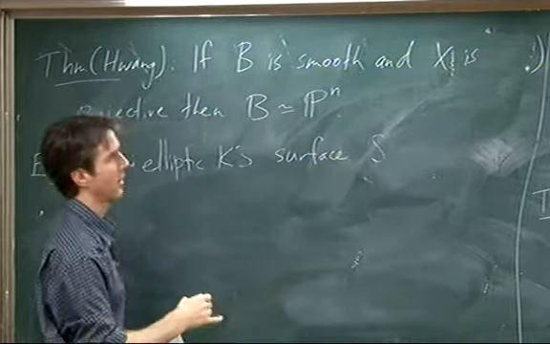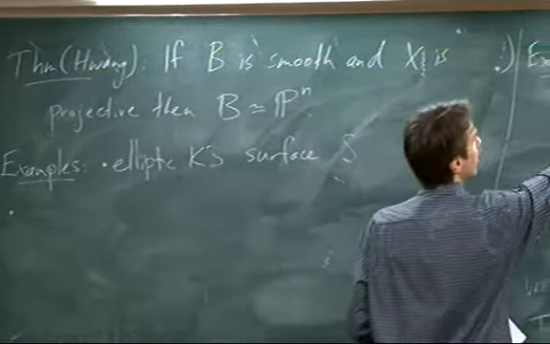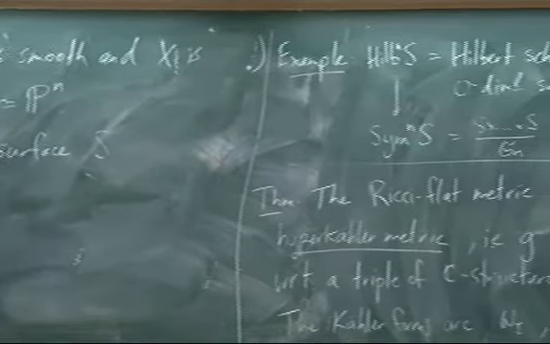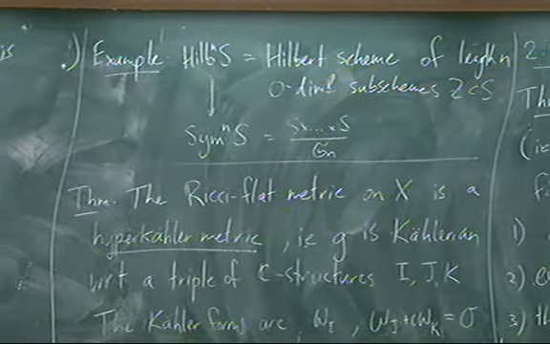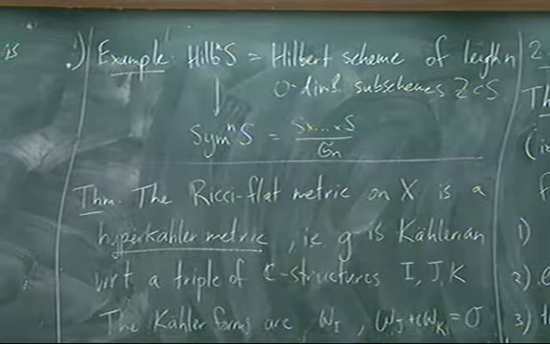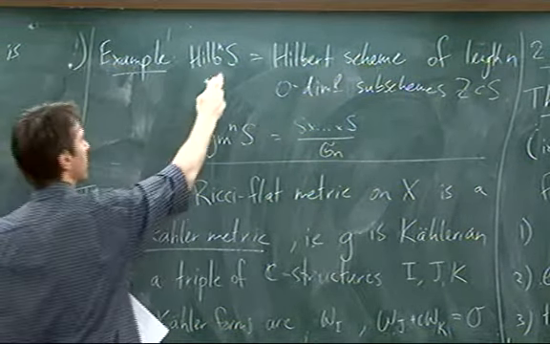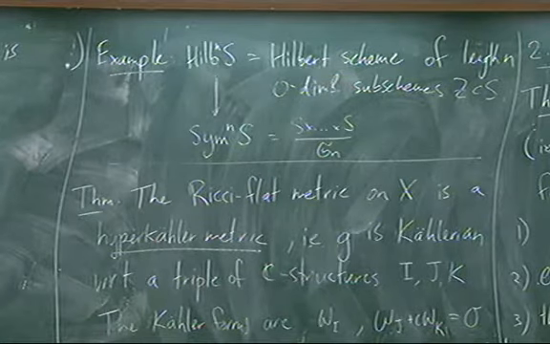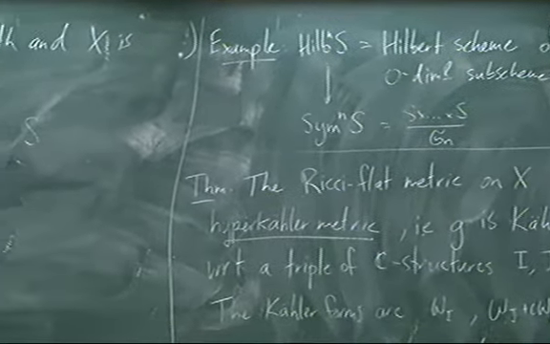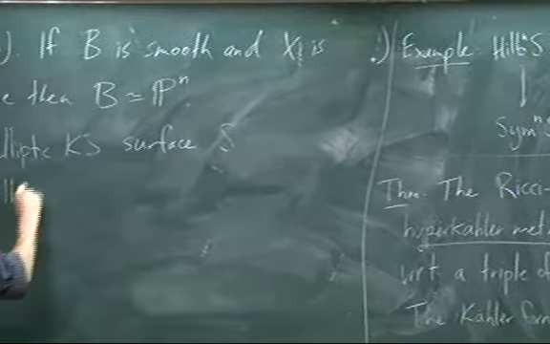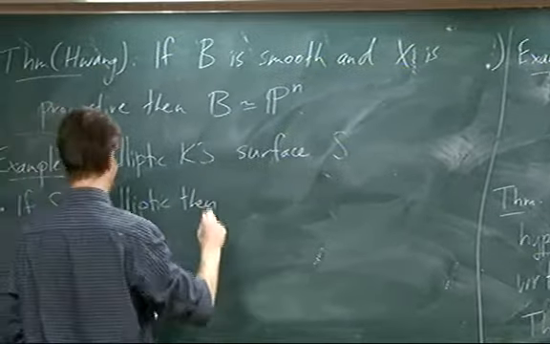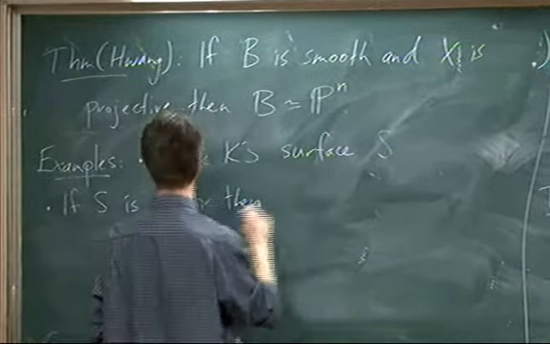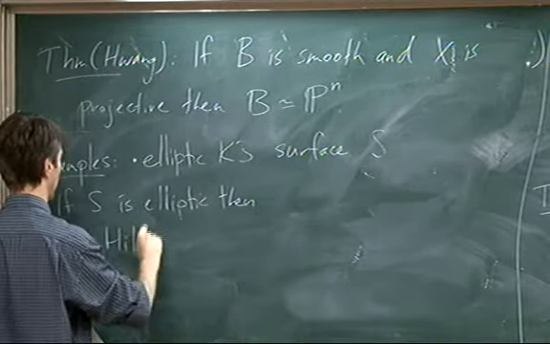In higher dimensions, I said we have this Hilbert scheme. This gives a 2n-dimensional holomorphic symplectic manifold. And if the K3 surface that you build this from is an elliptic K3 surface, then it induces a fibration on the Hilbert scheme. So it looks like, let's say, if S is elliptic, then you have a Hilbert scheme.